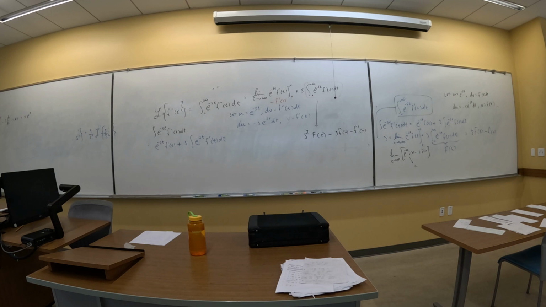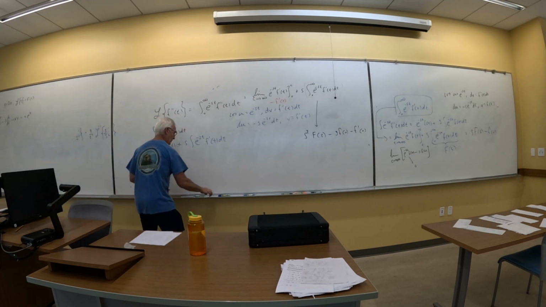Y is a function of t. So think of y like your little f of t, and the Laplace transform of y equals F of s. You don't usually use function notation when you're writing a differential equation like this. So I'm going to do the Laplace transform of all of this.